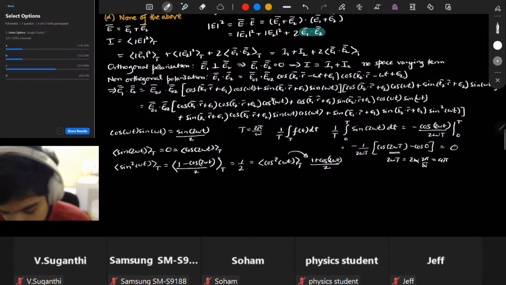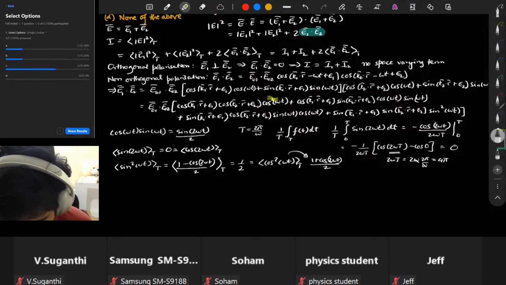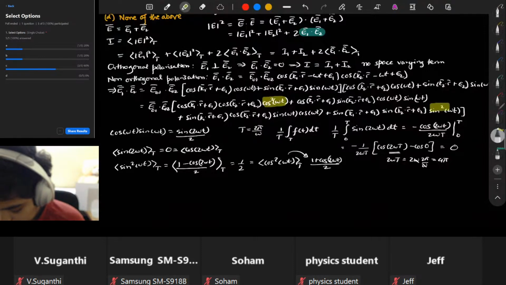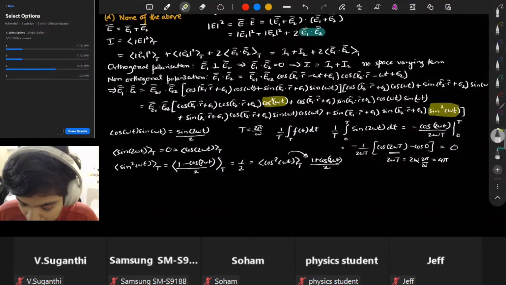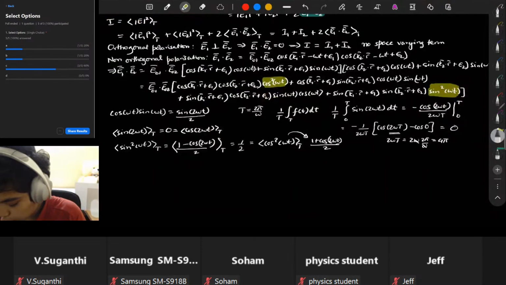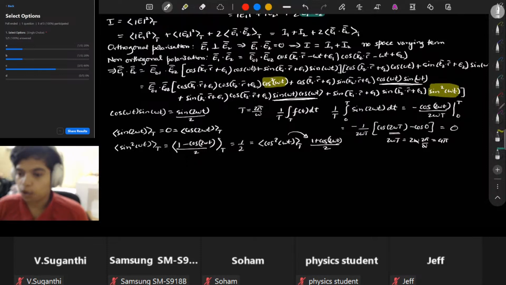Now you can see in the big expression that we had, we have cos squared omega t over here and sine squared omega t over here. Only these two terms will contribute to the time average, because the sine omega t cos omega t terms will average out to 0.